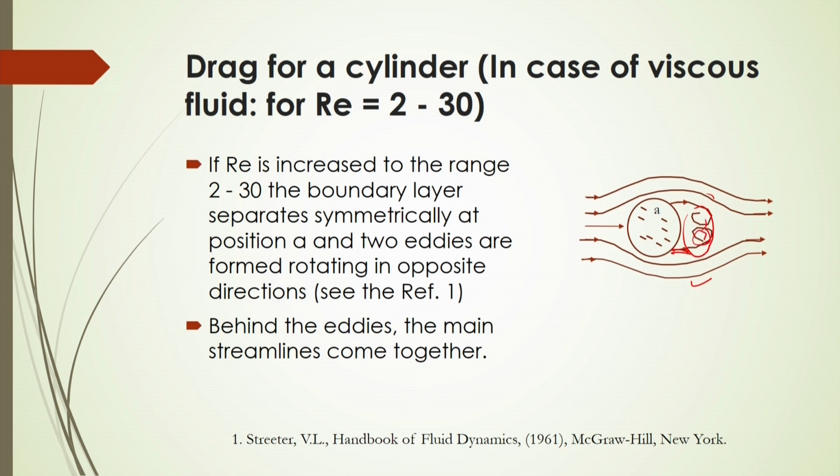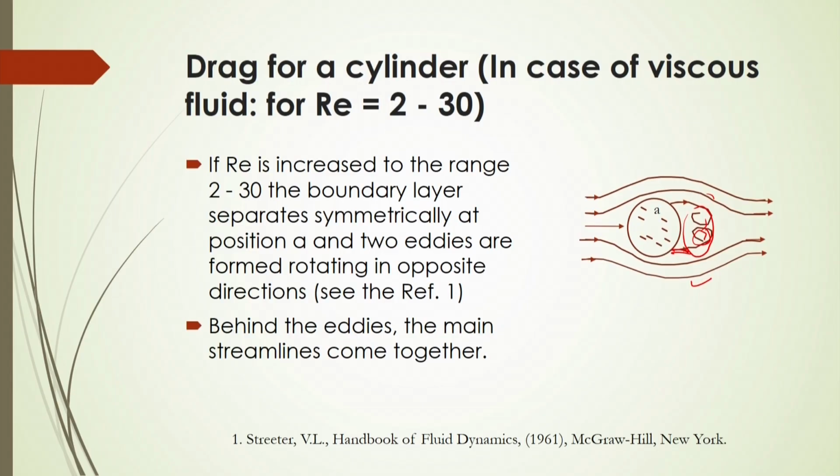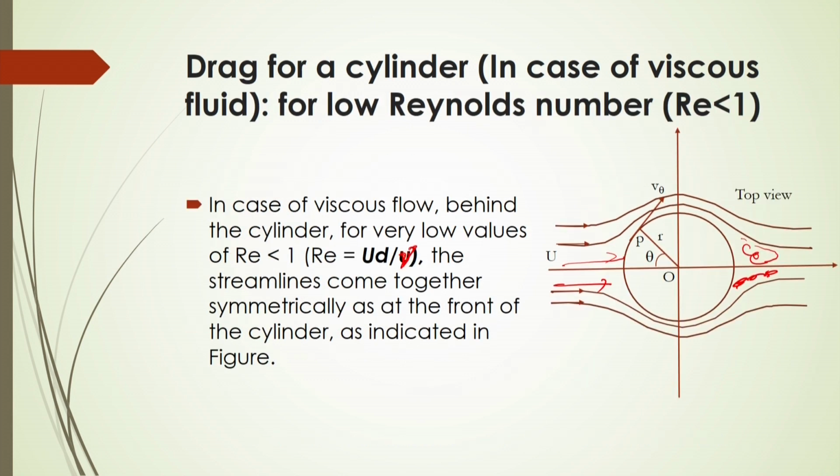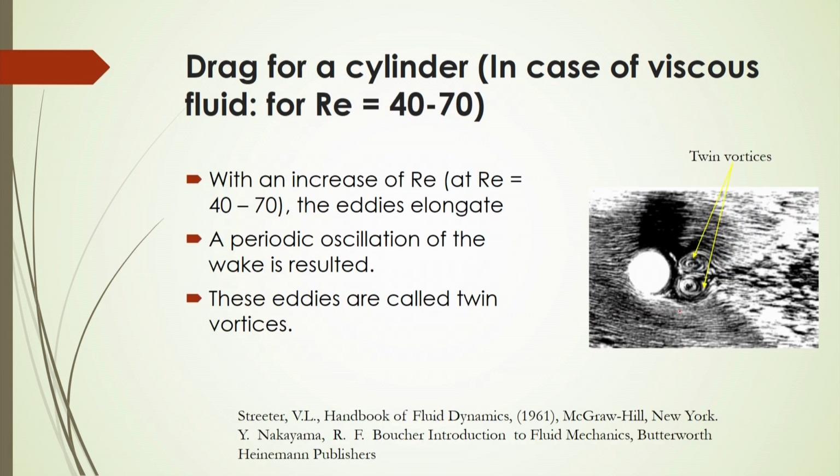So, at this Reynolds number you will see that boundary layer separation occurs, whereas for low Reynolds number the boundary layer will be formed, but it will not be separated.